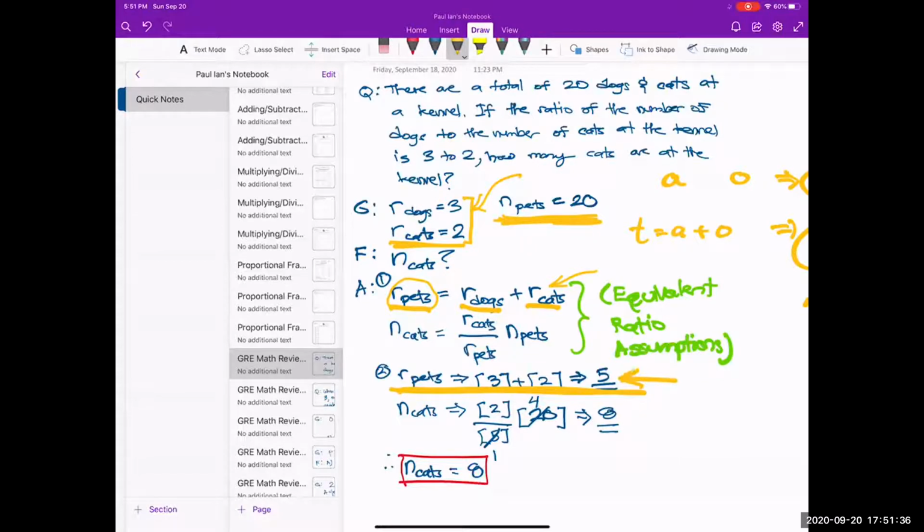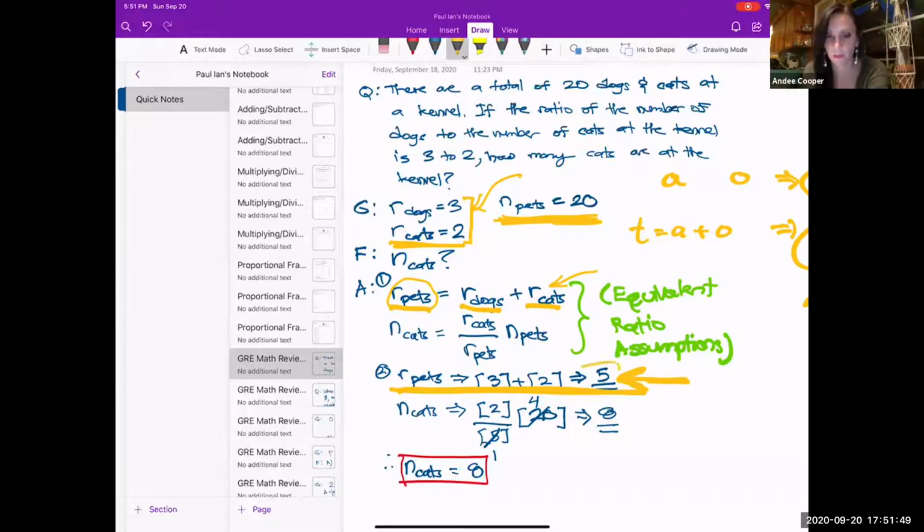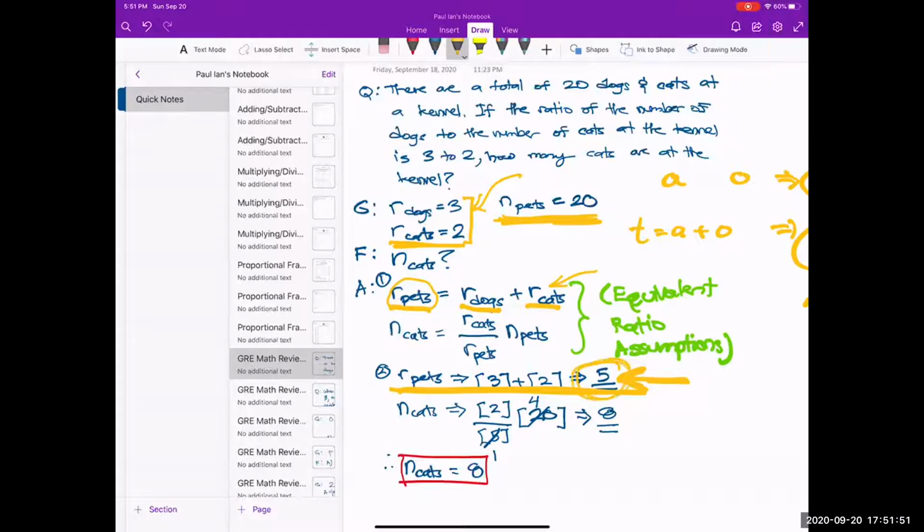Exactly, yeah. This is a strategy for ratios, because you always add the relative ratio to get an equivalent ratio. So this is what an equivalent ratio is of the total, in a sense.